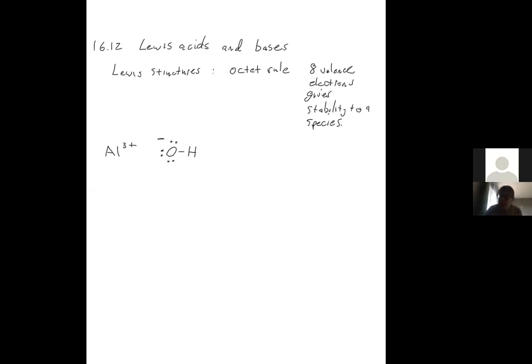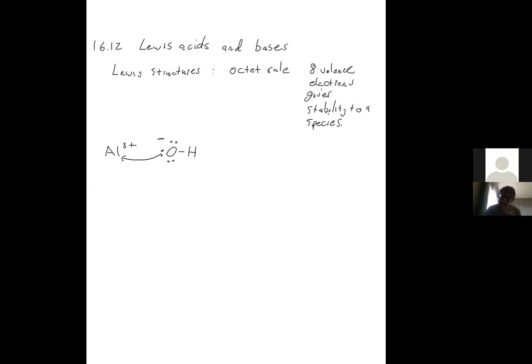And notice the oxygen has 8 valence electrons, 3 lone pairs and 1 bonding pair to a hydrogen. And what can happen is the electron pair from the oxygen can become attracted to the aluminum ion. Now, the aluminum ion is positively charged, so we could explain the attraction in that way.